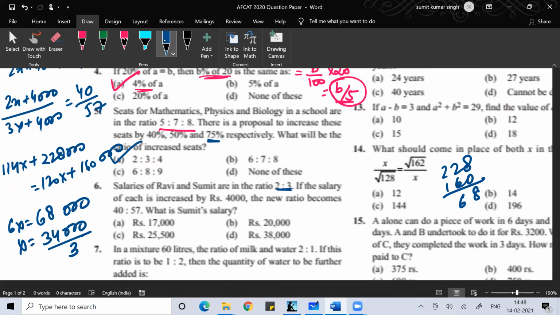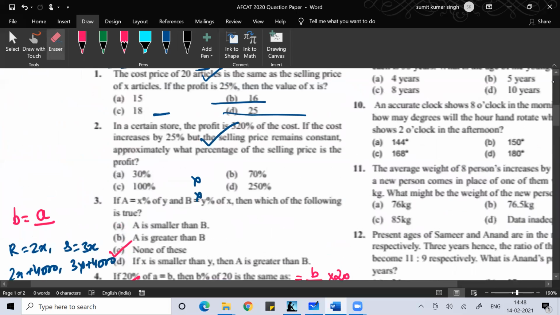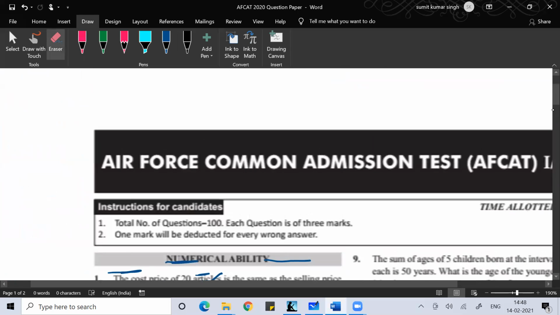Okay, so what is the Sumit salary? So you'll get the value of x is equal to 34,000 by 3. They're asking you what is Sumit's salary.